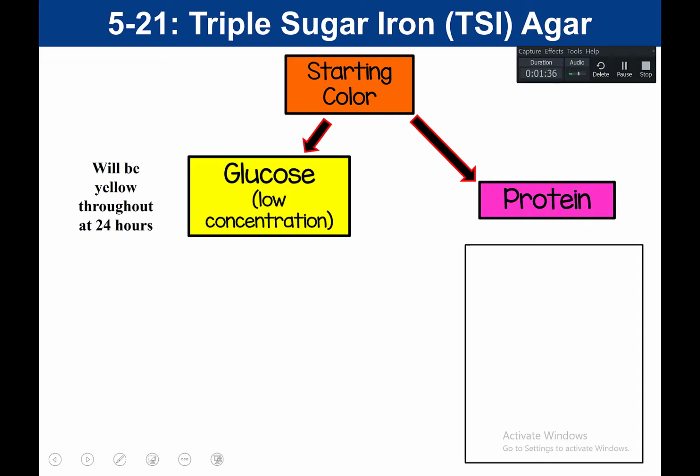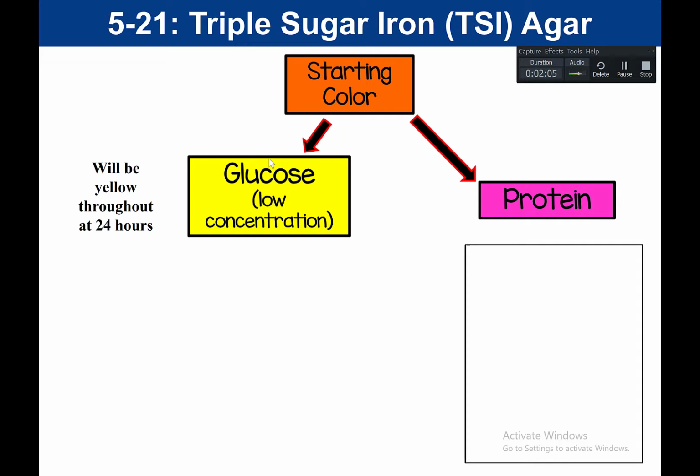And so if the bacteria use the peptones, remember that utilization of proteins is going to raise the pH. So the pH is going to go up and the tube is going to turn pink. So yellow is going to be that the sugars are used. Pink is going to be that the proteins are used. Now, if the organism utilizes the glucose, this test is done through completion until 48 hours.